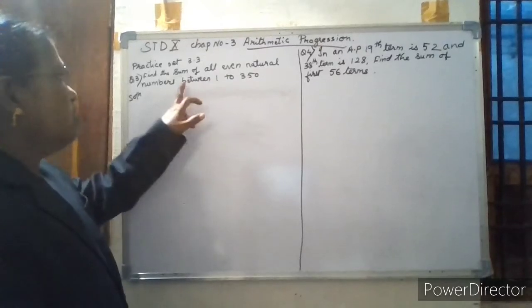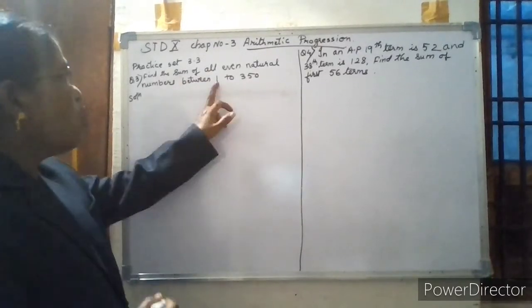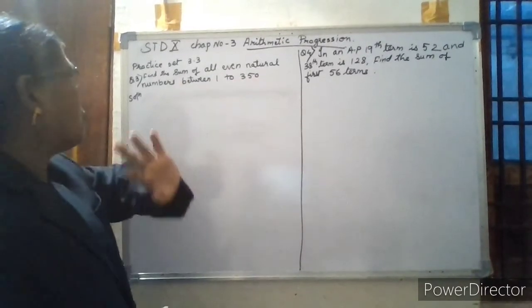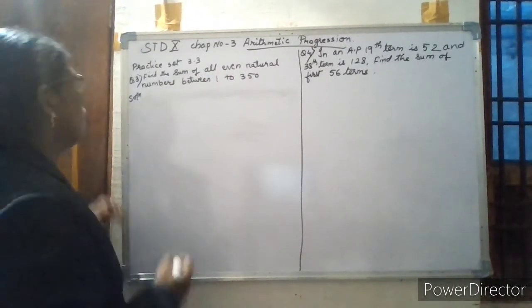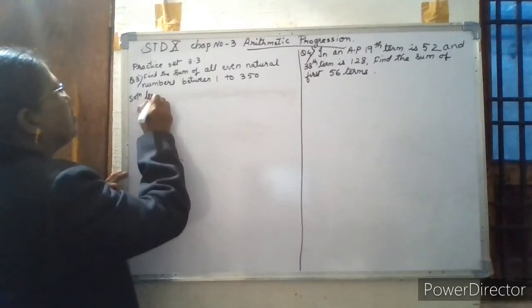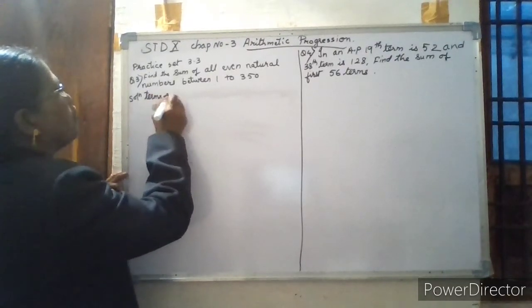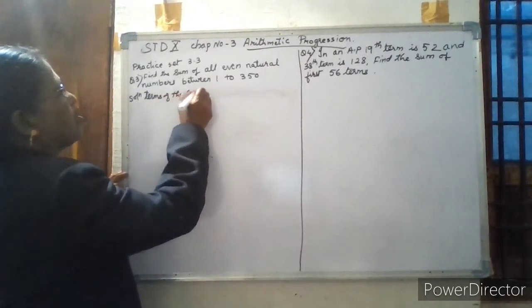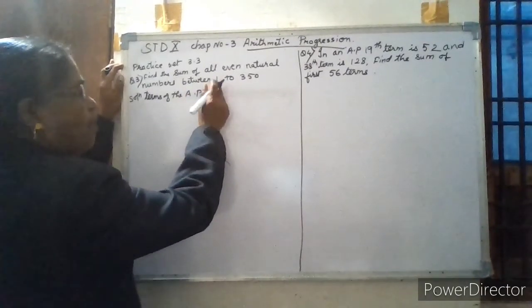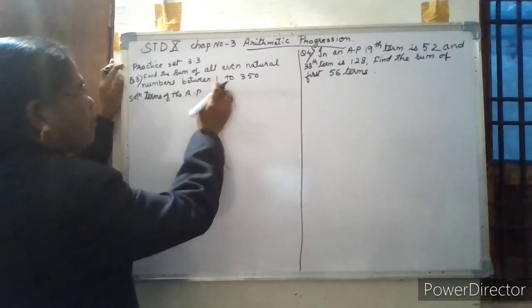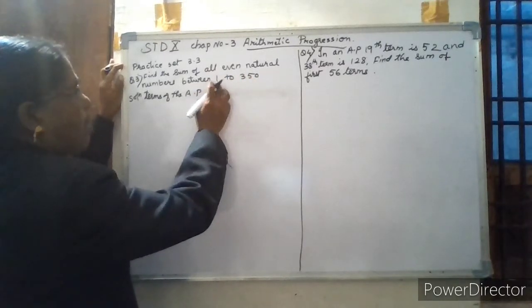Just observe the word between, between 1 and 350. So all even natural numbers will be the terms of an AP. After 1, 2 comes.